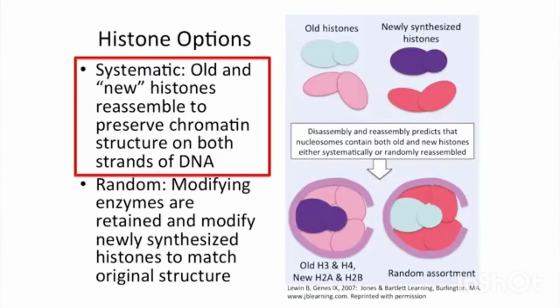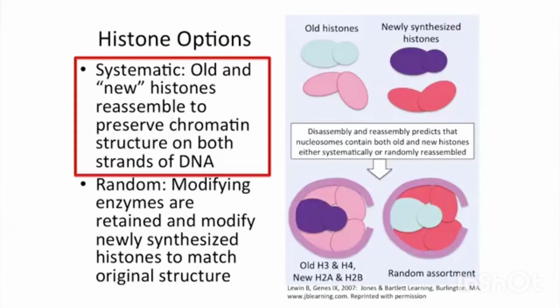The new H3, H4 that associate with the open sites where they had been released are modified to match the pattern of the old H3, H4, irrespective of which strand the H3, H4 is associated with.